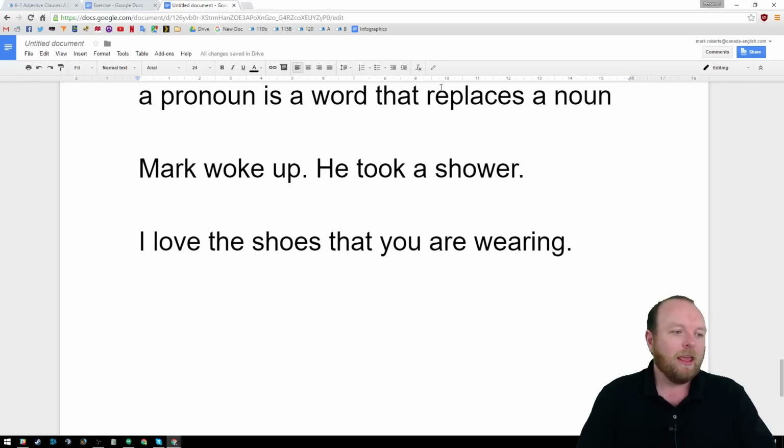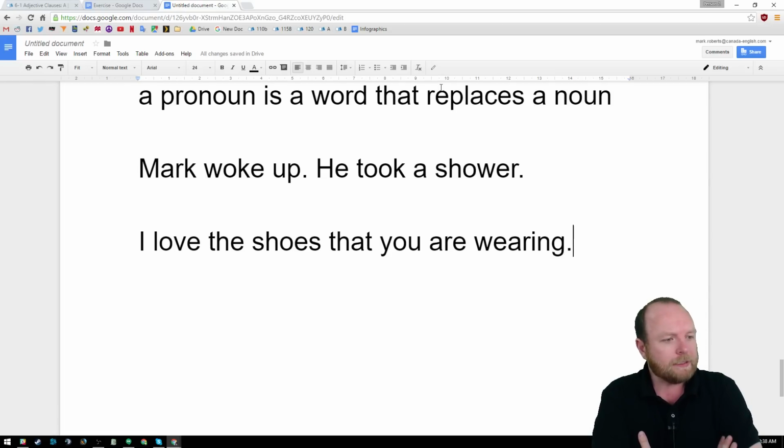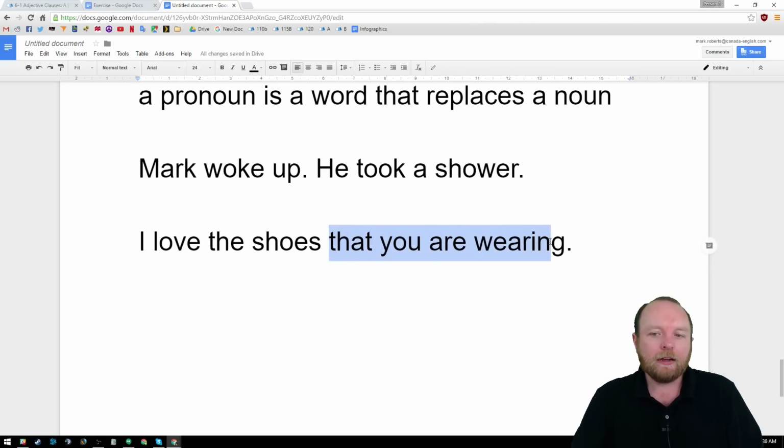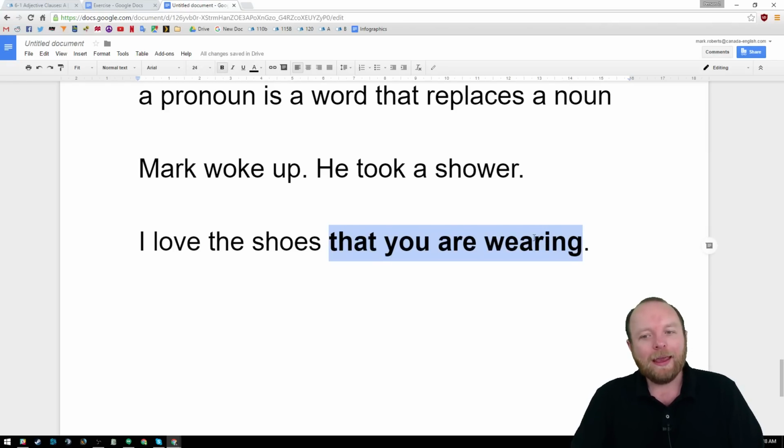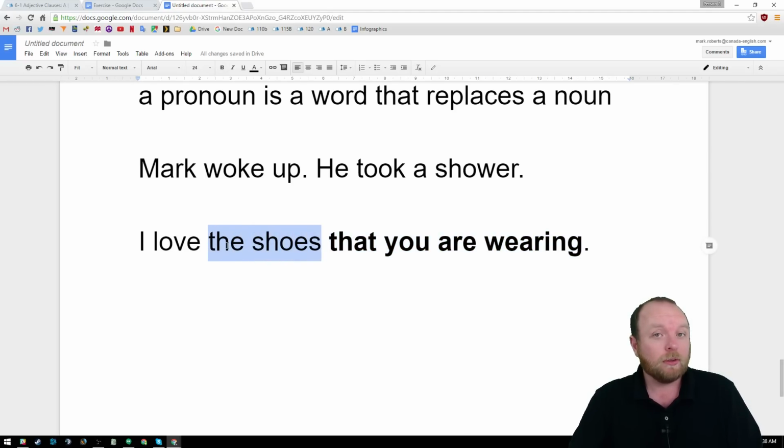Farman is asking a question. Why do we use relative pronouns or relative clauses? Well, today we're talking about adjective clauses, and adjective clauses describe which noun, which shoes. So here we have an adjective clause, and this clause is describing which shoes.